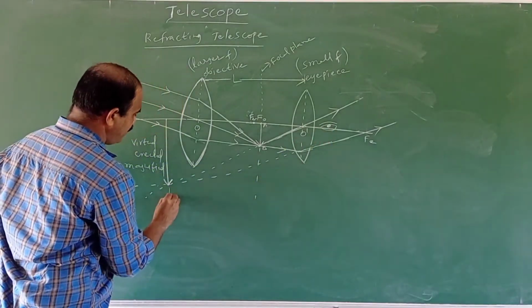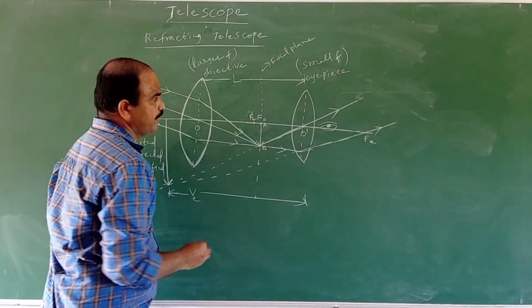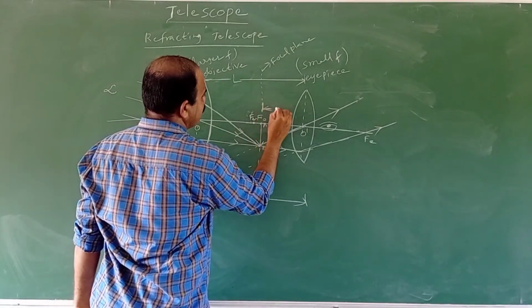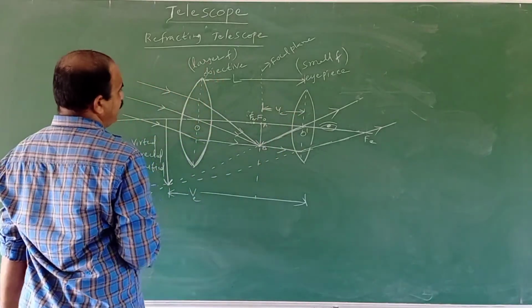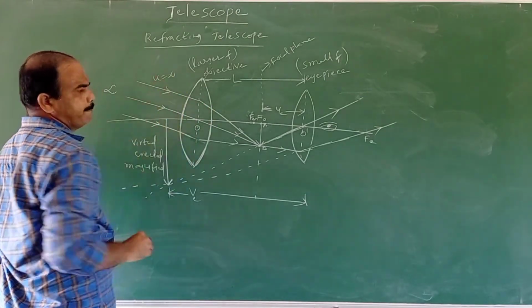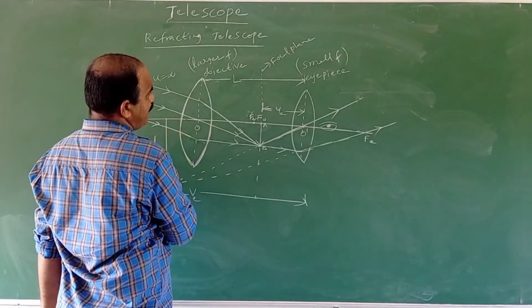Now this is the image distance for the eyepiece, and this is the object distance for the eyepiece. Now what is the object distance for the objective? U will be infinity. And what is the image distance for the objective?